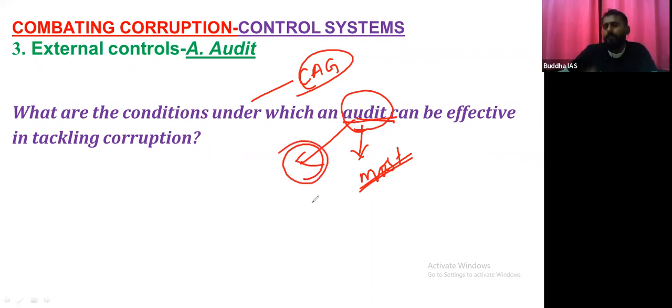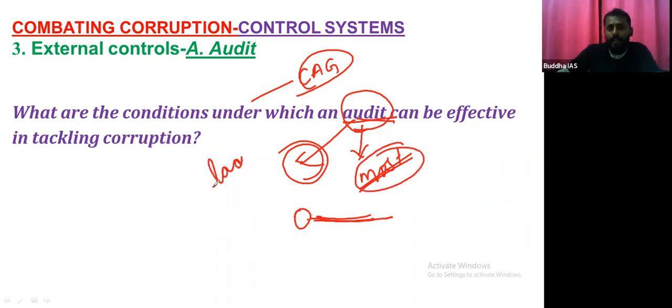So the Second ARC says that audit and the action should go hand in hand. So one of the things is that it is of a post-mortem nature, or we can say that there is a lag. This lag should not be there.